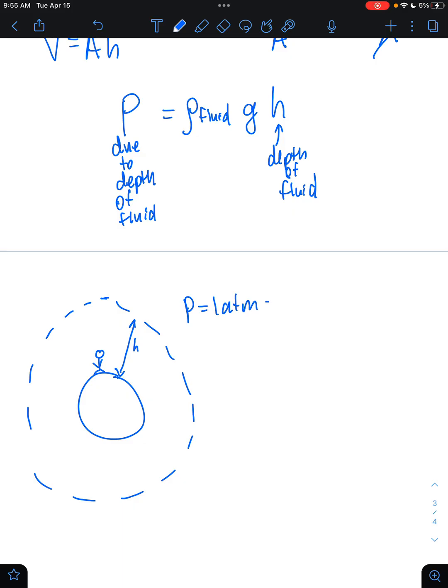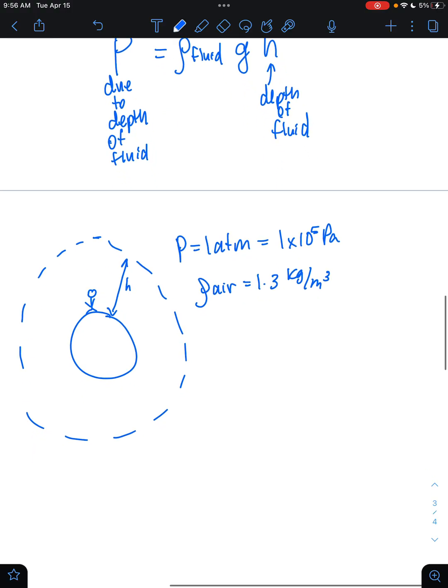And the pressure of 1 atmosphere, or 1 times 10 to the 5th pascals, is due to the depth of the air that we're under and due to the density of air, which is about 1.3 kilograms per cubic meter. So you could solve for what is the depth we are beneath the air if the density of the air stays constant all the way out to the edge.